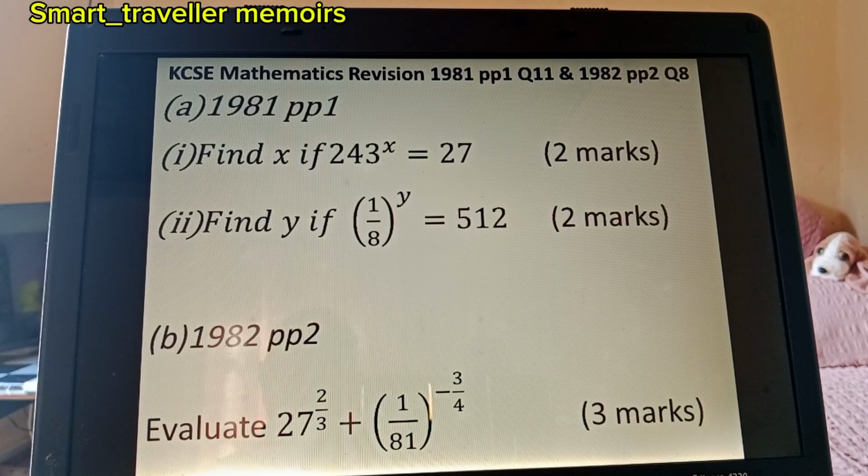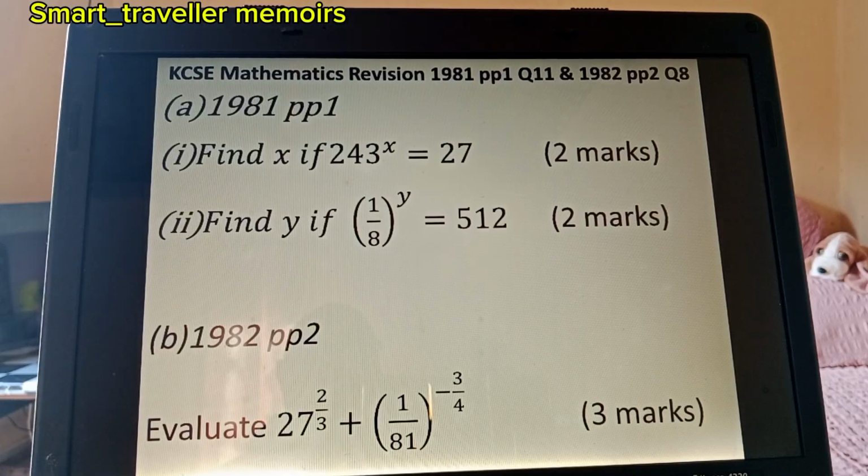Welcome to KCSE Mathematics Revision. The question is got from the examination paper of 1981, paper 1.